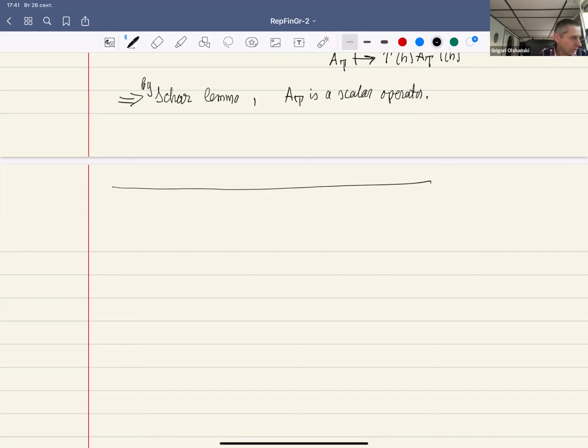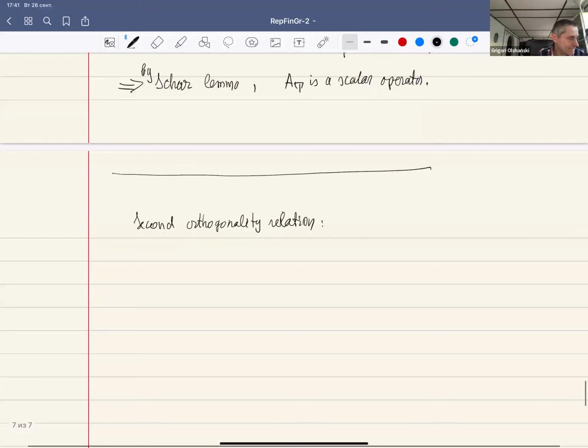Because you need it for the seminar, I would like to state the following result. This is called the second orthogonality relation, or sometimes the orthogonality relation of the second kind. It is as follows.